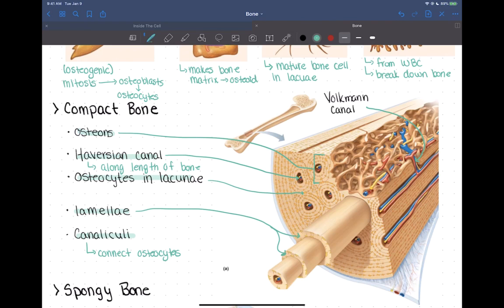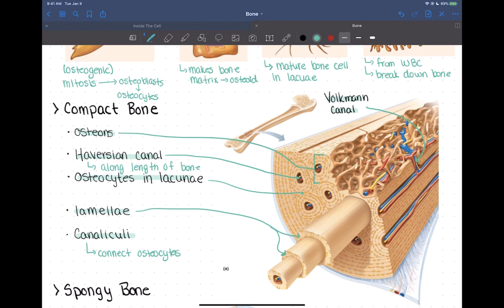They run perpendicular to the Haversian canals, and that's going to help bring nutrients, so blood vessels from this periosteum, into the bone so they can be in that Haversian canal. So they connect, and they also connect to this medullary cavity in the middle. Okay, so that's our Volkmann canal. I'll just highlight it really quick. There we go.